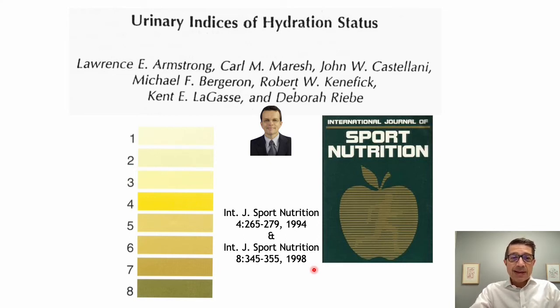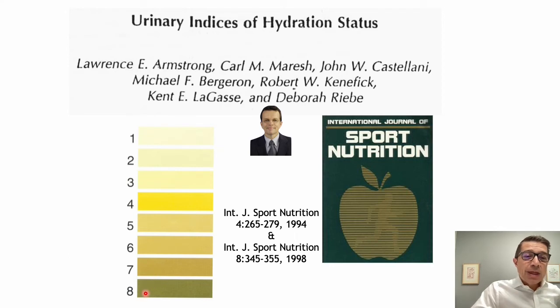He was my PhD mentor, and we still collaborate. He came up with this idea of identifying 8 colors from number 1 all the way to number 8, with the first urine colors from 1 to 3 indicating good hydration, or euhydration, and then as the color gets darker, indicating that your body is trying to survive, trying to hold as much water as possible.